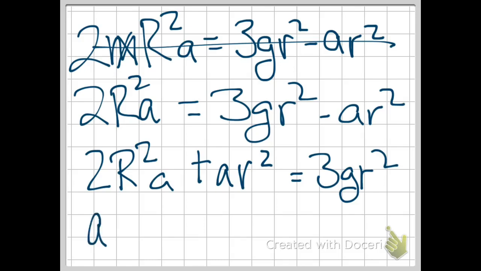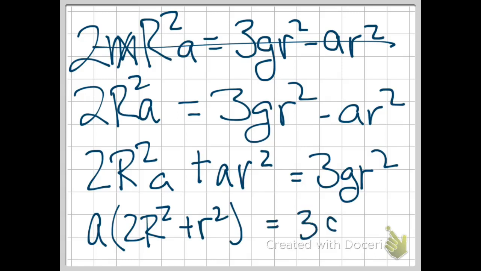So we end up with a times 2R squared plus r squared equals 3g r squared. Okay? So now we can divide both sides by 2R squared plus r squared. And that gives us our final formula here.